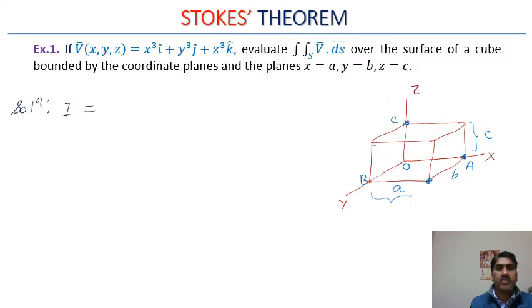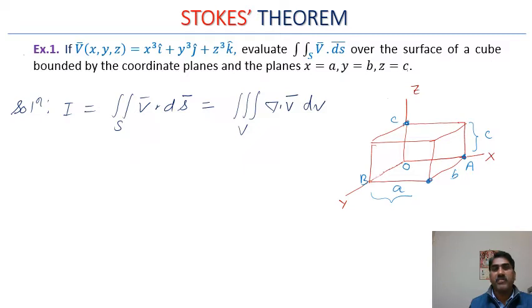I is equal to the surface integral V dot dS, and Gauss theorem enables us to write this as the volume integral of divergence of V dV. dV is volume.